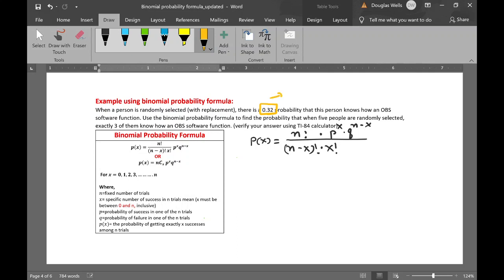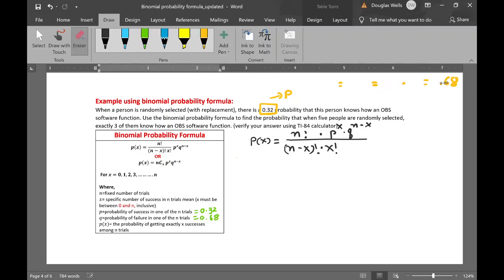So this is our P. If that's the case, what is the Q? Q equals 1 minus P. So it's 1 minus 0.32, which is 0.68. So that is our Q. We have our P and we have our Q, two values. So let's write it here. Our P is 0.32 and our Q is 0.68.